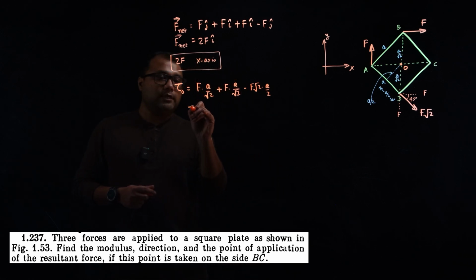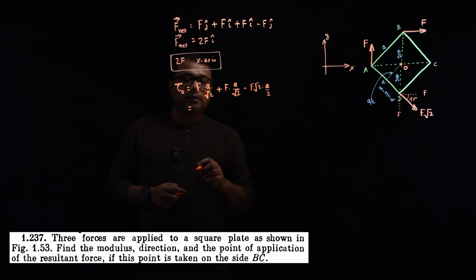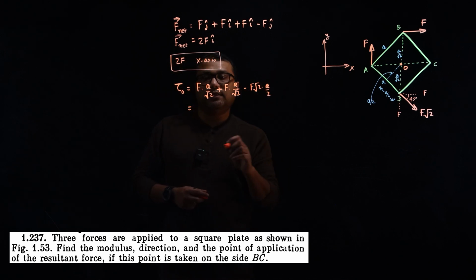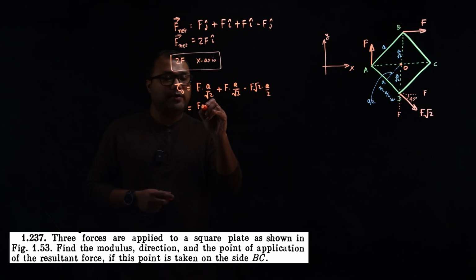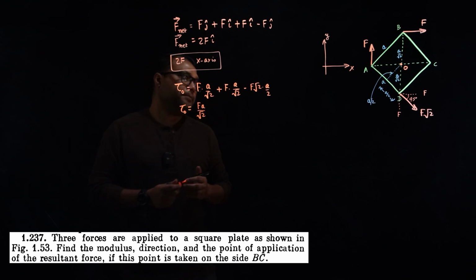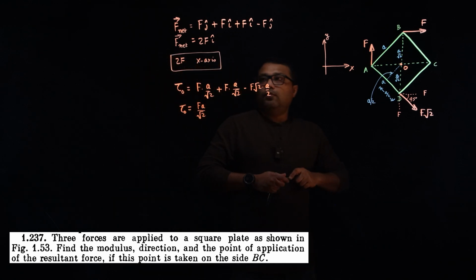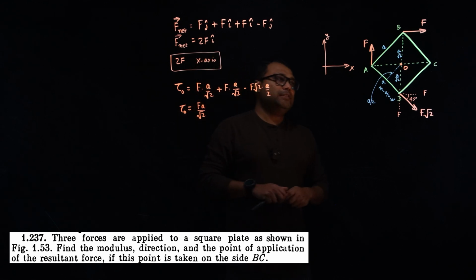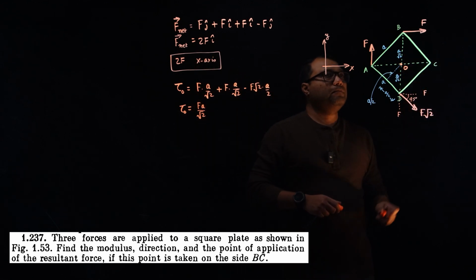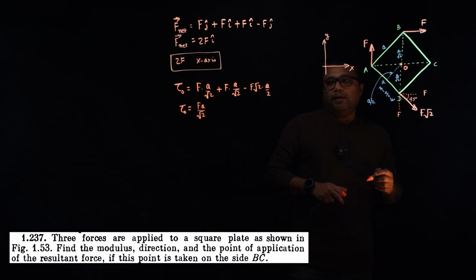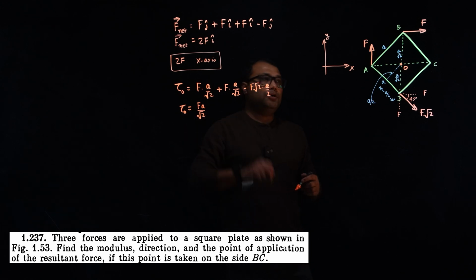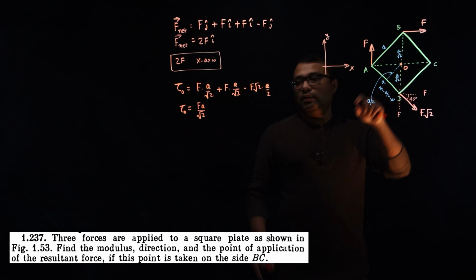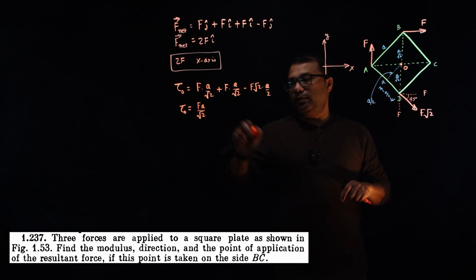So let's calculate the net torque. So this and this get cancelled. So net torque is Fa by root 2. Now we know the net force is in the x direction and the torque about O is Fa by root 2.